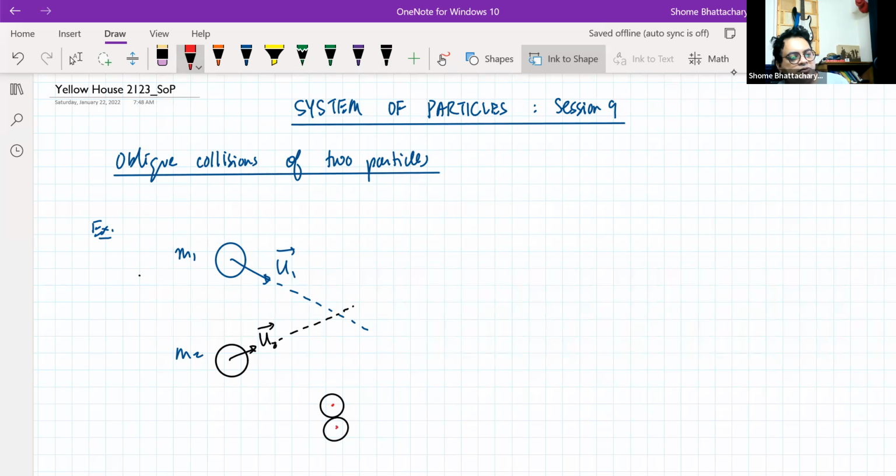suppose this is the center to center line, they will experience impulses like this. Collision impulse on 1 due to 2 and collision impulse on 2 due to 1. So these two will be equal and opposite of each other.